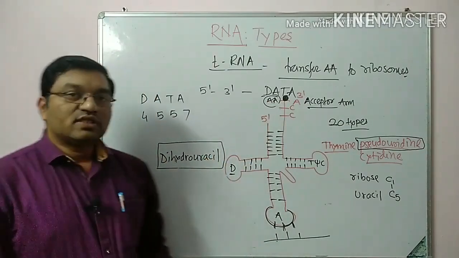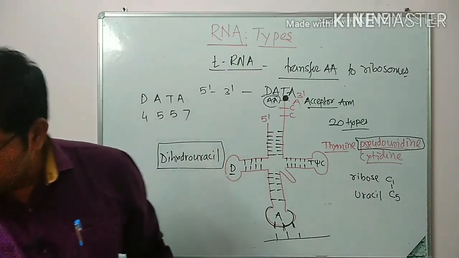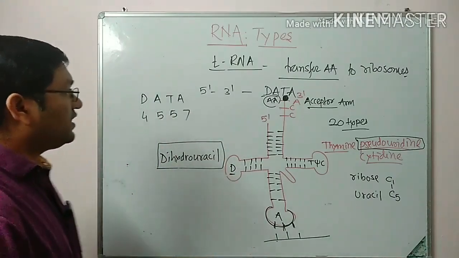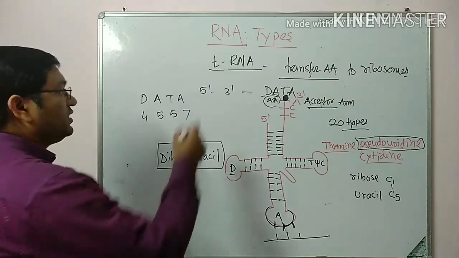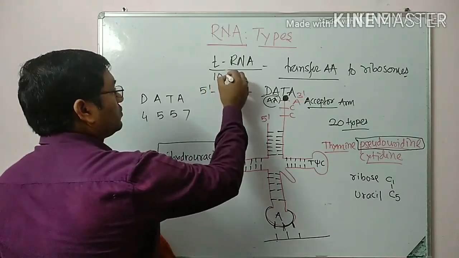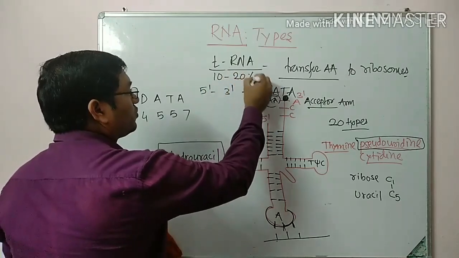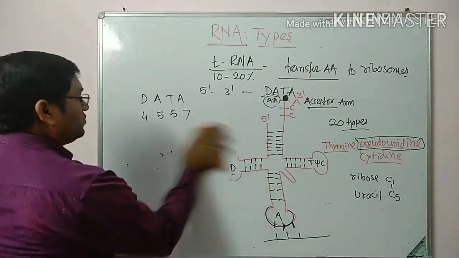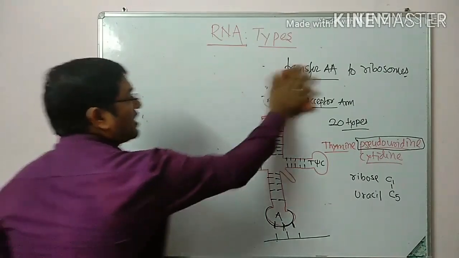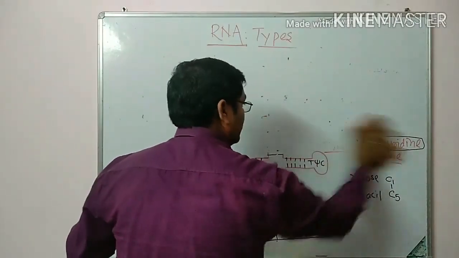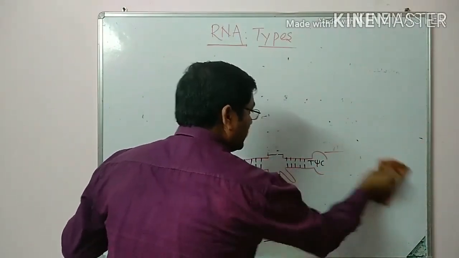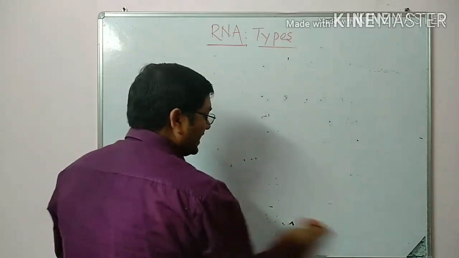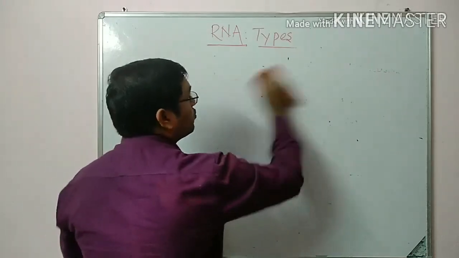Now we'll see the structure of ribosomal RNA. The tRNAs constitute about 10 to 20% of total RNA molecule. Ribosomal RNA, rRNA, is also known as catalytic RNA or ribozymes.